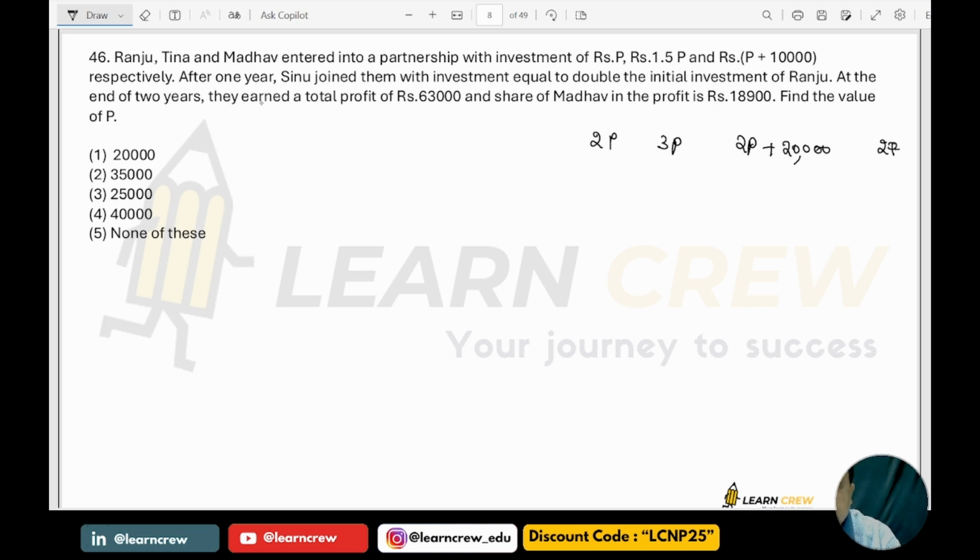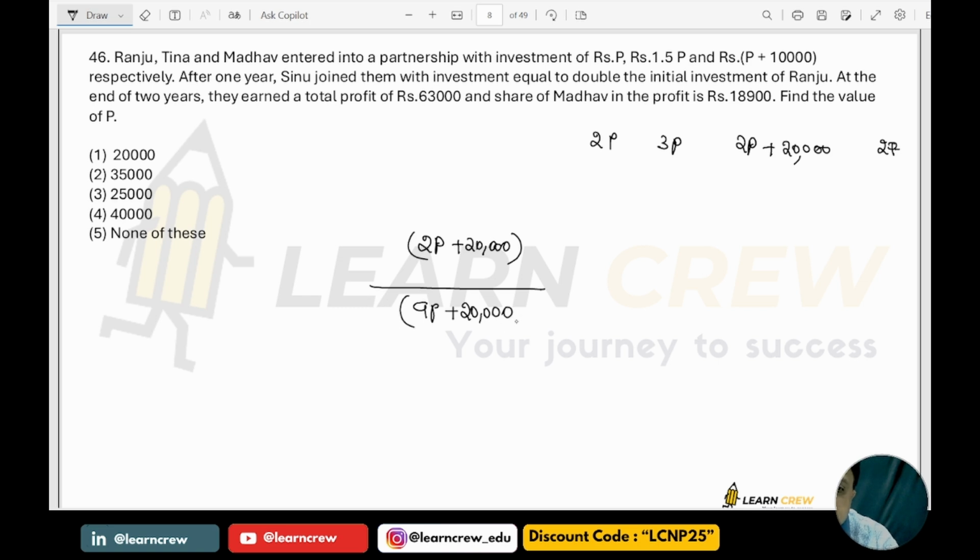Here the total profit is 63,000 and the share of Madhav is 18,900. So what you can say here, 2P plus 20,000 is the total share of Madhav out of 2P plus 3P, 5P plus 2P plus 20,000 plus 2P. So you can say it is 9P plus 20,000.